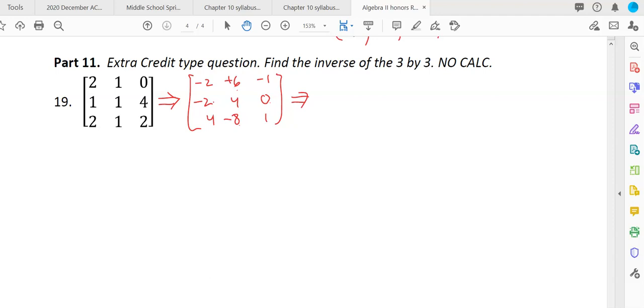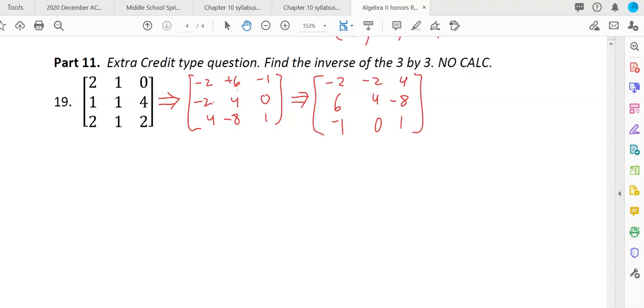Okay, so now we have to transpose each row and column. So my top row will be my first column, negative 2, 6, and negative 1. Second row is my second column, so negative 2, 4, 0, and 4, negative 8.